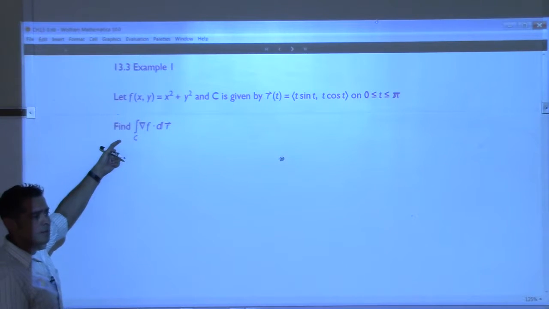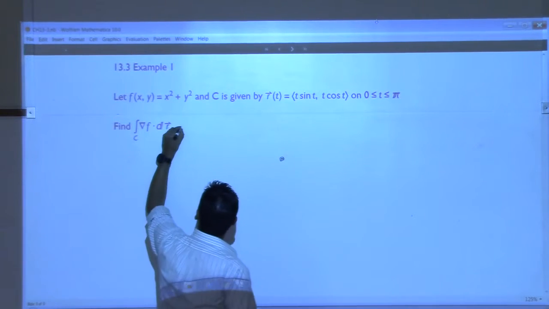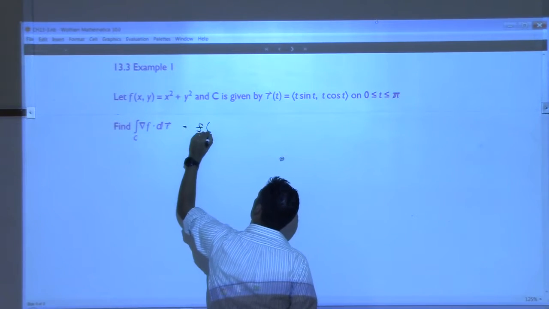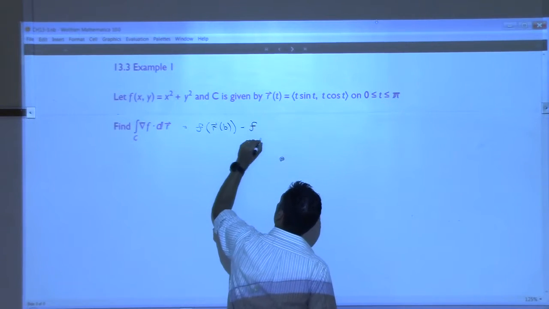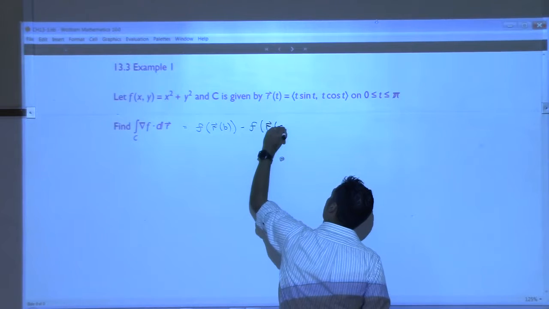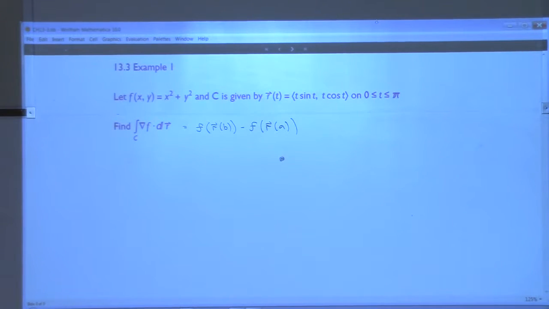Well, the theorem says that this should be equal to little f evaluated at r of b minus little f evaluated at r of a. Do we know little f? We do, right? We know what little f is here.